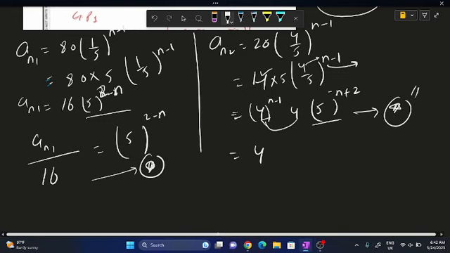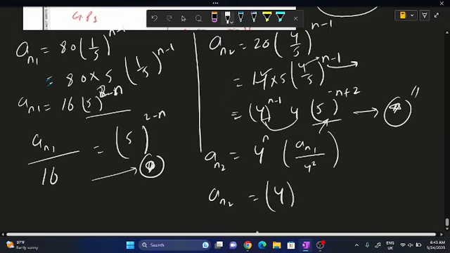Plus 1 and minus 1 will cancel, and as a whole I have 4 to the power n. And at that place I can put an1 divided by 16, which can be written as 4 squared. So an2 can be written as 4 to the power n minus 2 times an1. That would be my final answer.